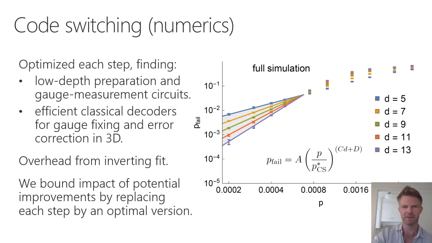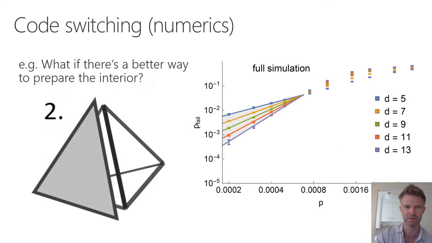Something that I want to describe in a little bit of detail now is that what we wanted to do was bound the impact of anything being improved over our current simulation. So, for example, the interior needed to be prepared.